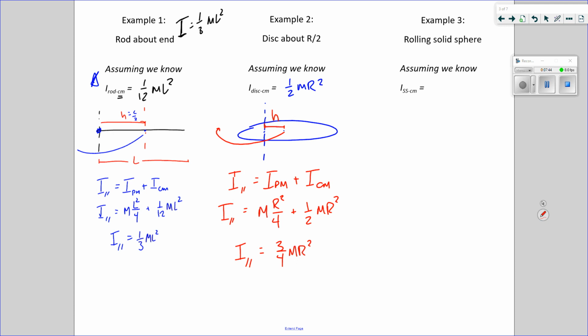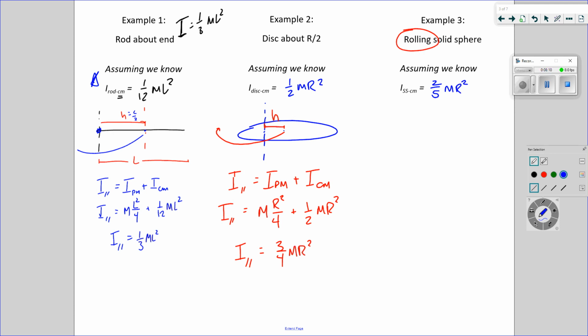Now a solid rolling sphere. I'm looking ahead a little bit to when we talk quite a bit about objects that roll, particularly roll without slipping. I'm going to have you try to do that one. Let's assume that we know that a solid sphere rotating about its own center of mass has a rotational inertia of 2/5 mr squared.